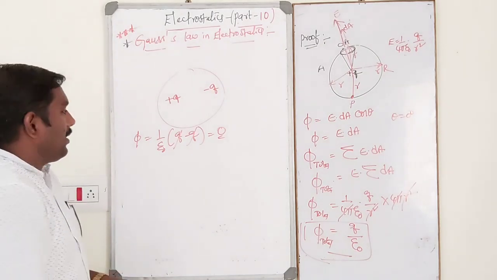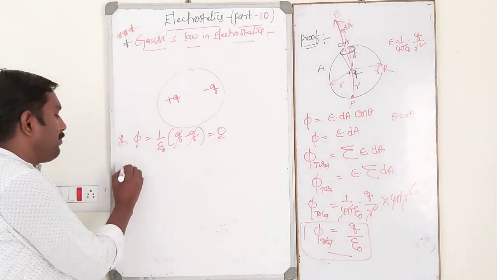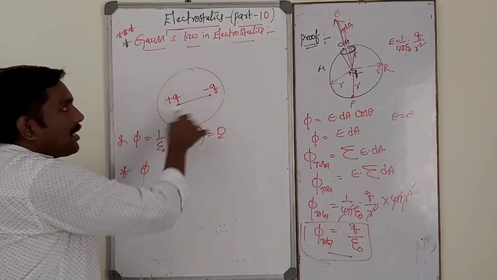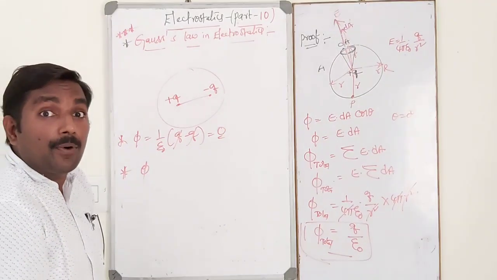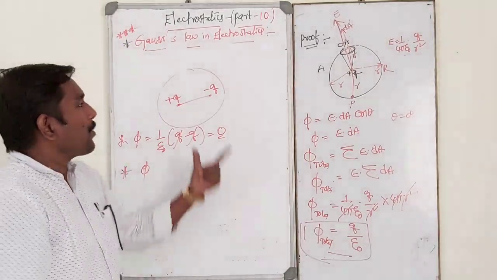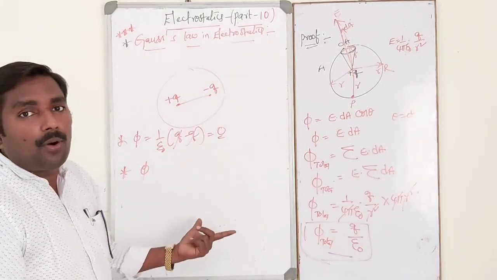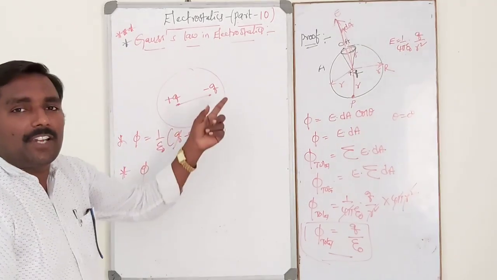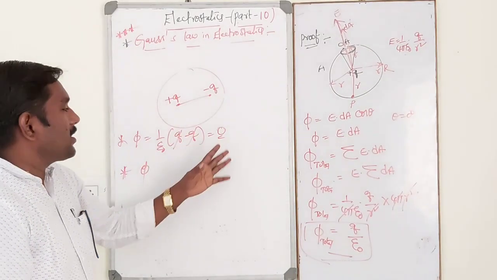Another one, and this is an important one. A dipole is placed inside the spherical surface. What is meant by a dipole? Two equal and opposite charges separated by a small distance. That is called an electric dipole. So a dipole is placed inside the spherical surface. What is the flux?